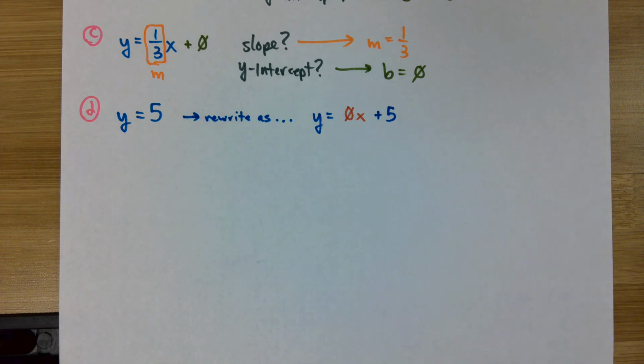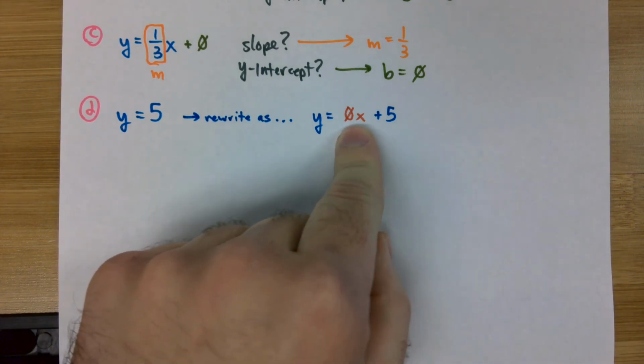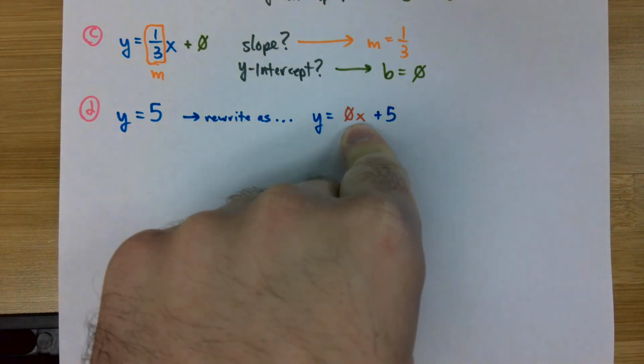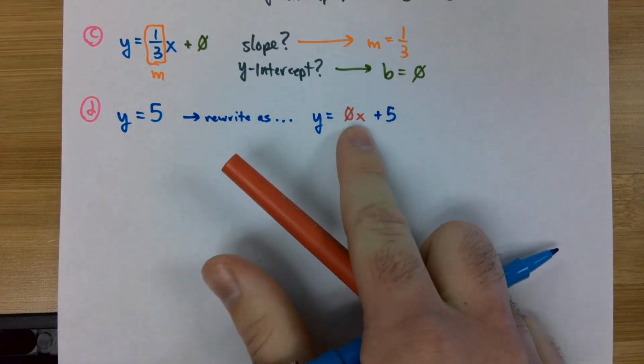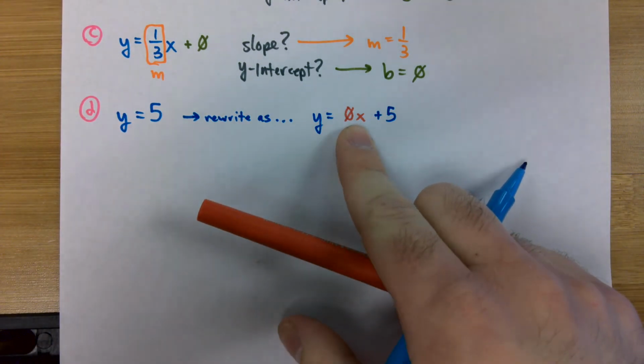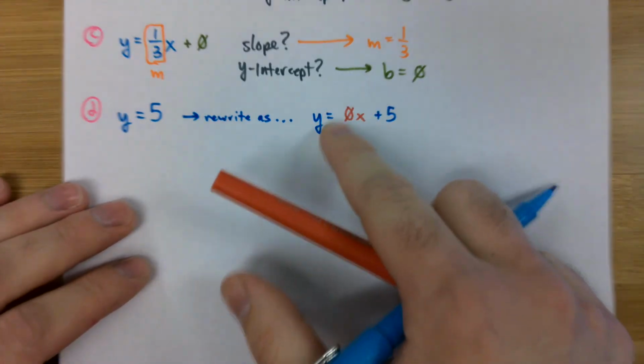So the slope is 0. Good observation. For any value of x, what would 0 times x be equal to? 0, right? It doesn't matter what our x coordinate is. If we were to go in and plug it in like we learned how to do yesterday, we're going to get 0 right here.